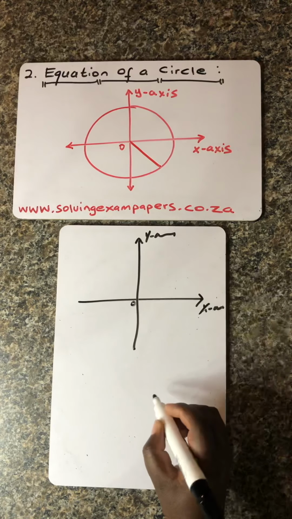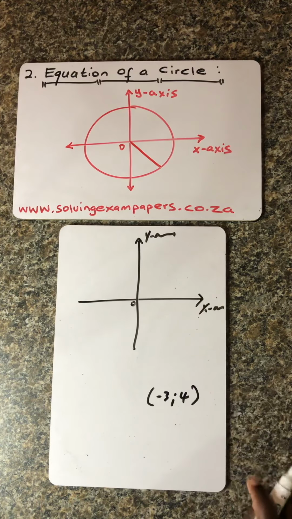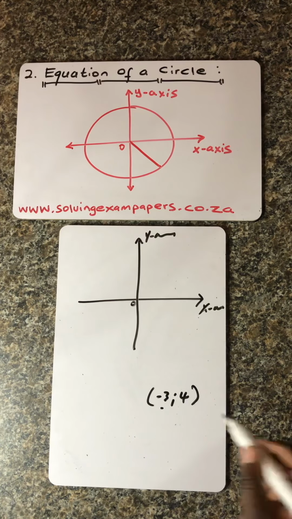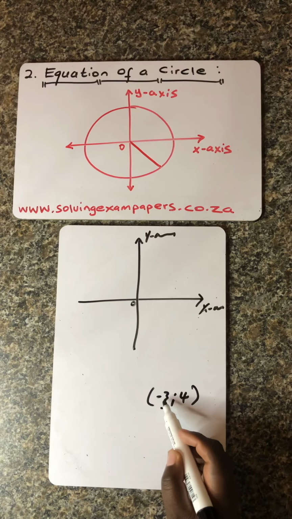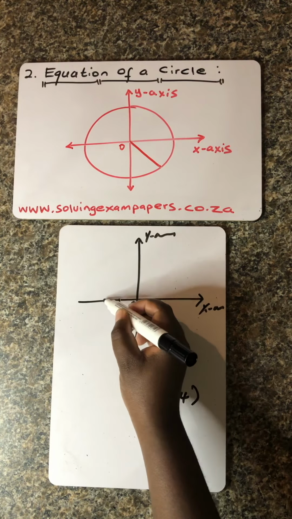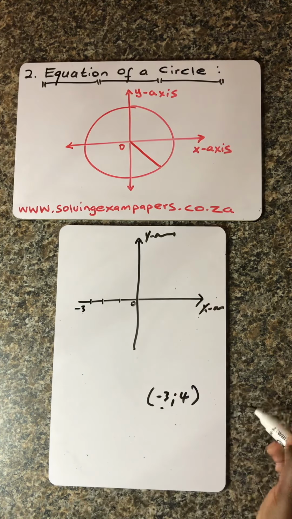Let's say it passes through that point of -3 and 4. So that means obviously x will be -3, which is on that side. So let's say 1, 2, 3. So this is going to be -3.